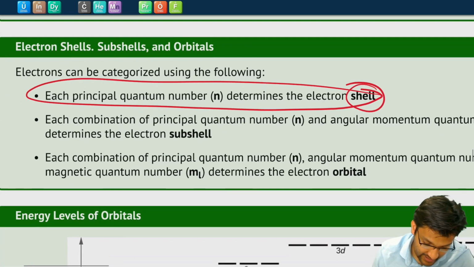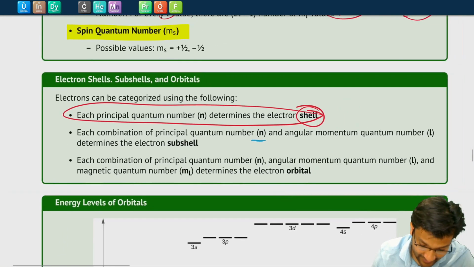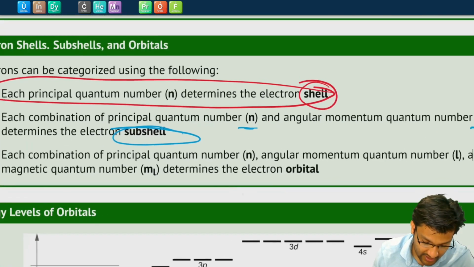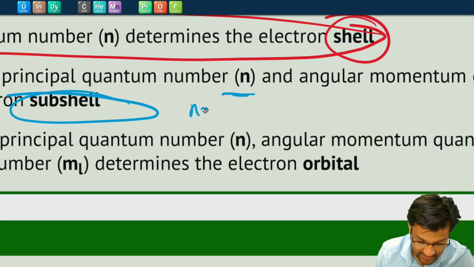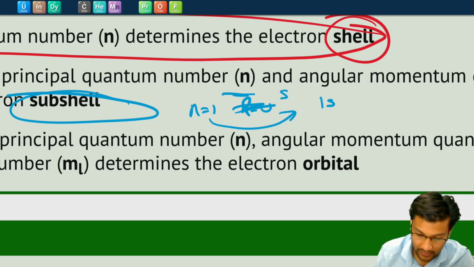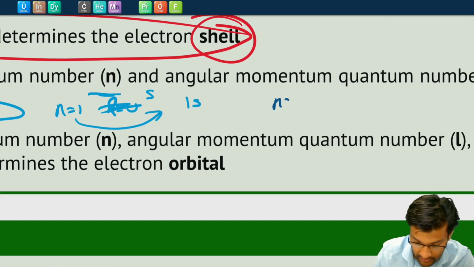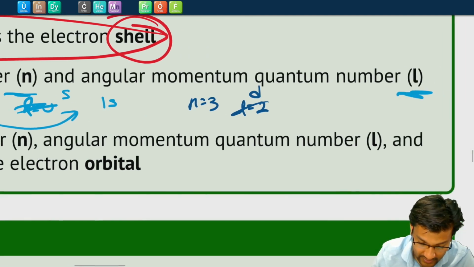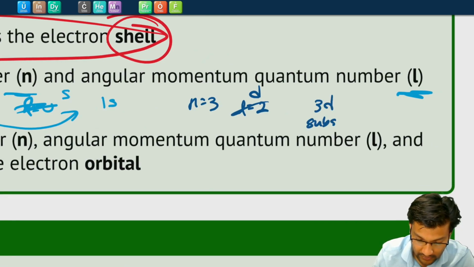If you have an n value and a specific L value, that's going to be a subshell. So subshells are things with a specific n value and a specific L value. If it's n equals 1 and L equals 0, we know L equals 0 is S, so we'll call this the 1S subshell. If n equals, I don't know, 3 and L equals 2, we know L equals 2 is the D label, so this will be the 3D subshell.